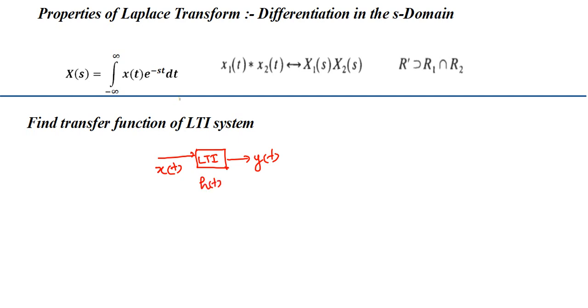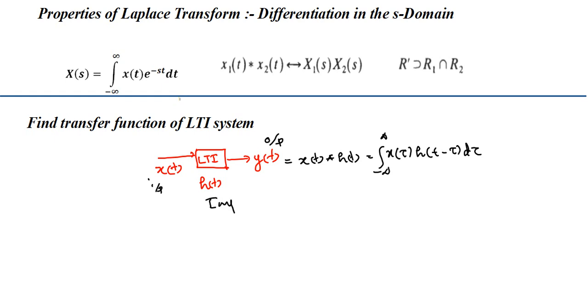For convolution, y of t can be written as x of t convolution h of t, which is the integral from minus infinity to infinity of x of tau into h of t minus tau. That is the definition of the convolution integral. Using this convolution integral we can find the output of a system in time domain. This is the input of the system, and this is the impulse response of the system.